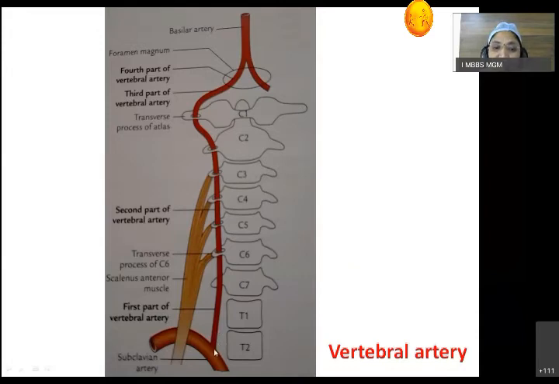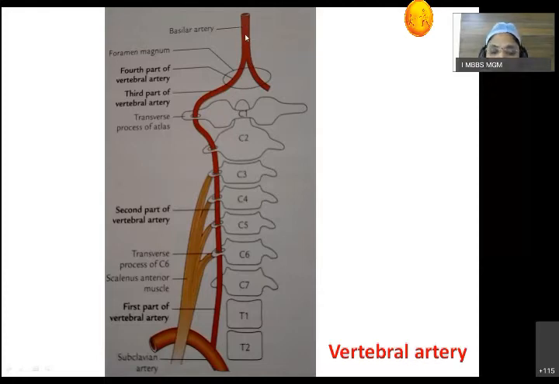The first part extends from the origin up to the foramen transversarium of the 6th cervical vertebra. The second part extends from the 6th cervical vertebra to the 1st cervical vertebra, and the third part extends from the foramen transversarium of the 1st cervical vertebra to the foramen magnum. The fourth part extends from the foramen magnum to the pontomedullary junction. Above the pontomedullary junction, the two vertebral arteries unite together and form the basilar artery, which runs in the basilar sulcus of the pons.